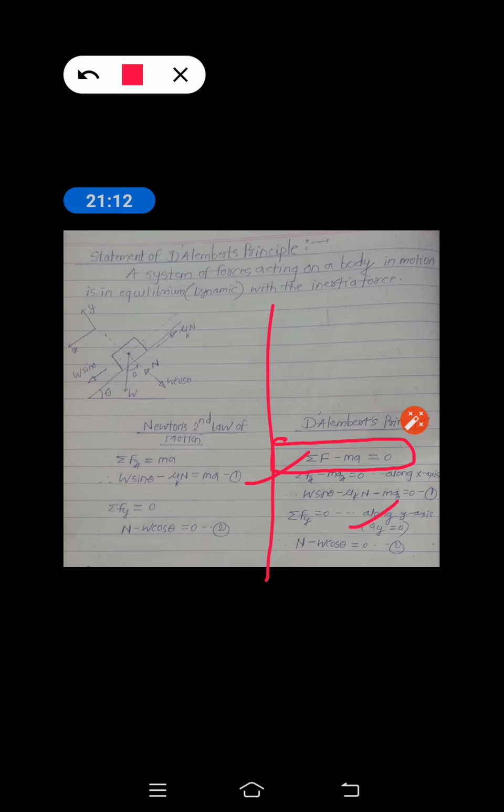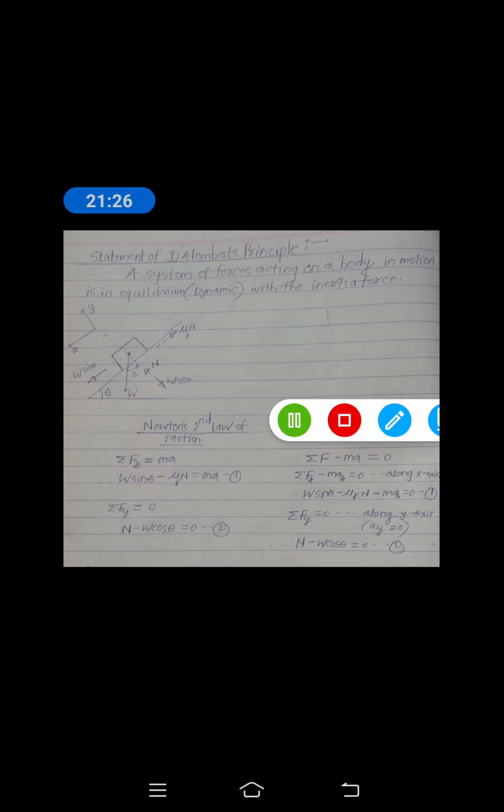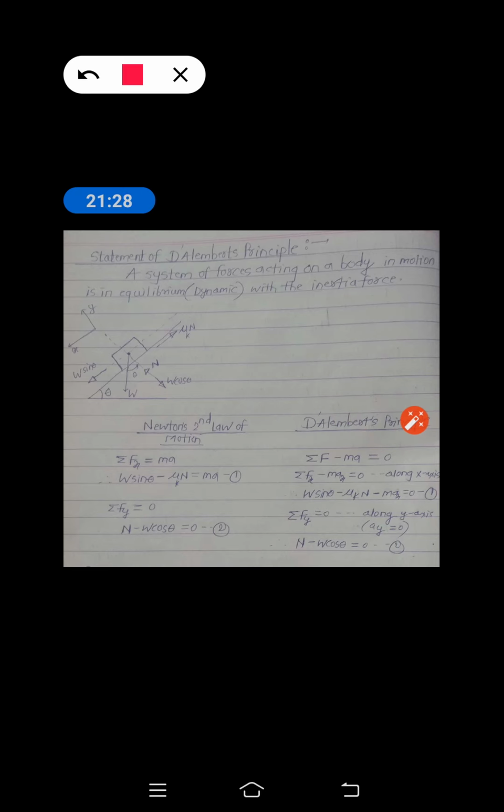So again resolve this summation of Fy. What is Fy? N is positive, then W cos theta is negative, is equal to 0. So you are getting equation number 1 and 2. Now I think you understand the basic difference between these two.